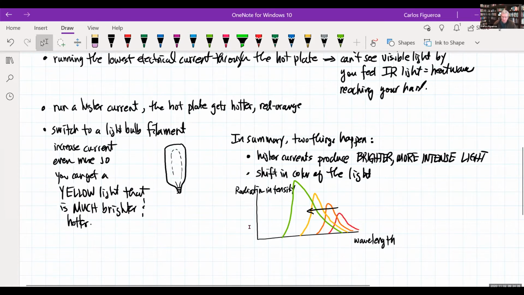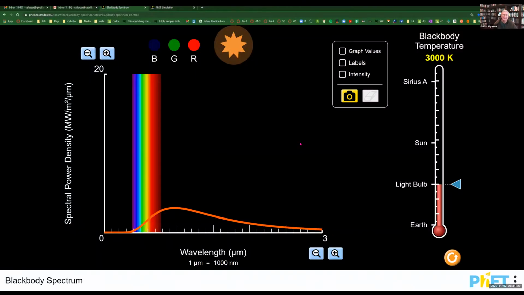The way I'll show it to you is that we can summarize this in this applet that I want to share with you. This is a PhET applet, which they do a fantastic job. When you look at the temperature of the object, the curve you get from heating up, let's say, a hot plate is going to look maybe not like that.